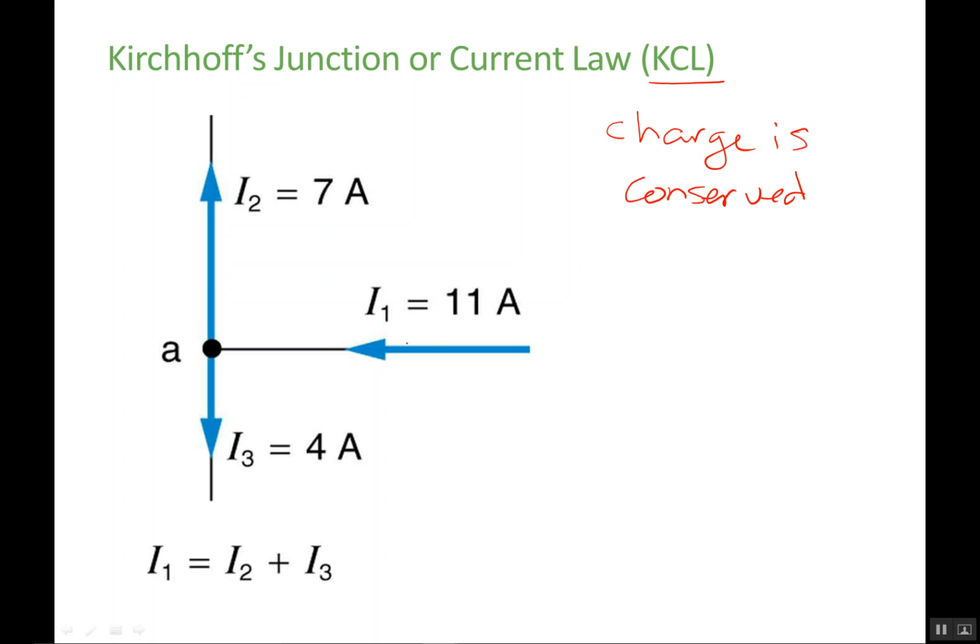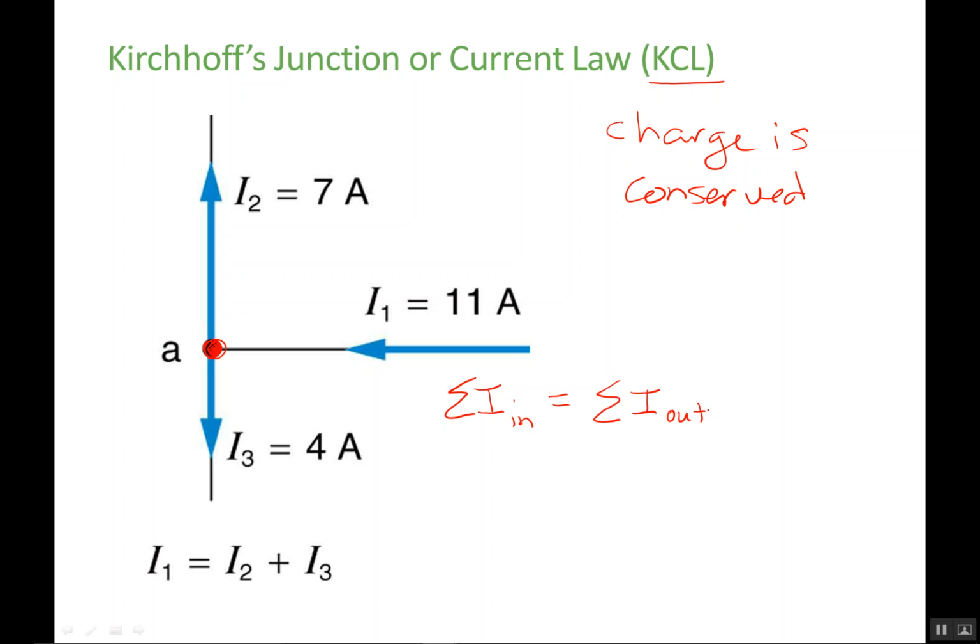What this law says is that if you have a junction in your circuit, a place where wires come together or go apart, the total amount of current, let's write as sigma I, coming into that junction has to equal the total amount of current that's flowing out of that junction.